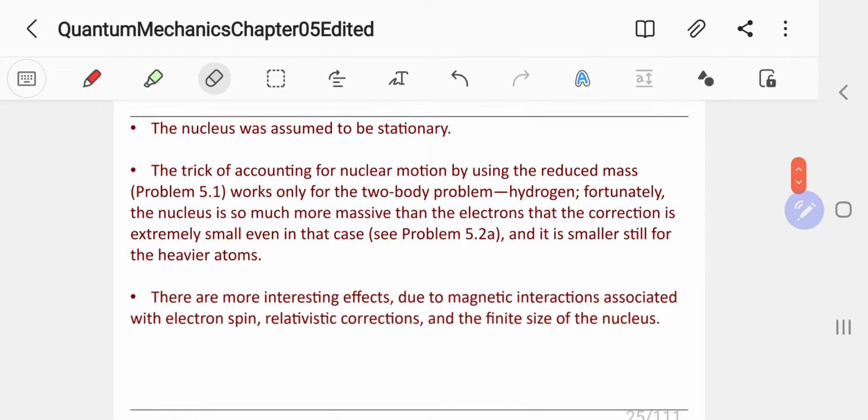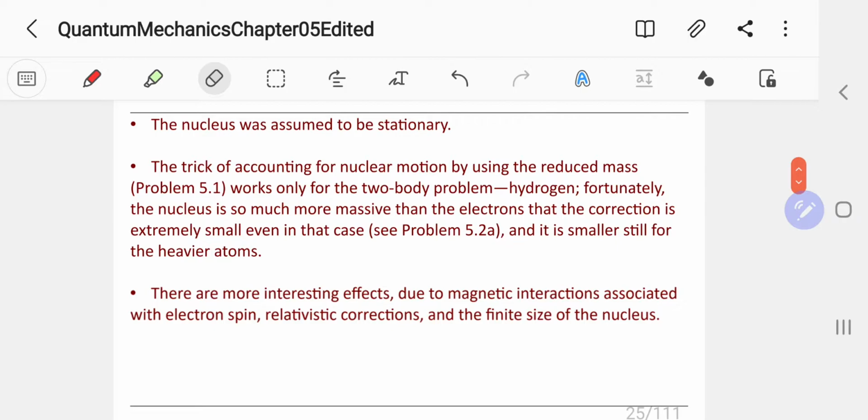In this case, we are assuming that the nucleus, the bunch of protons and neutrons at the center of the atom, is stationary. And by the way, if you have just one electron and just the nucleus there, you can use the reduced mass of the system.